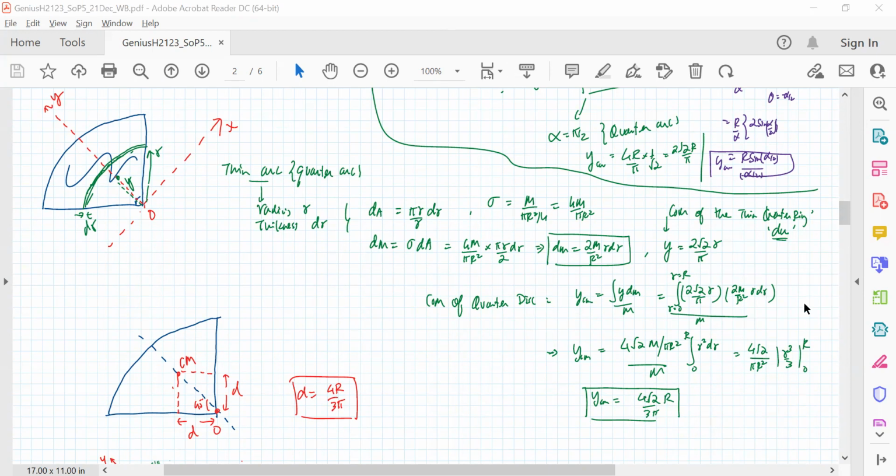So try to do this integration yourself and match the answer. You should be getting what I've written in the end over here.